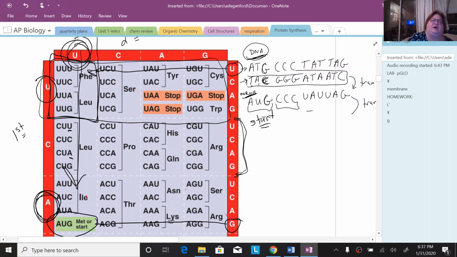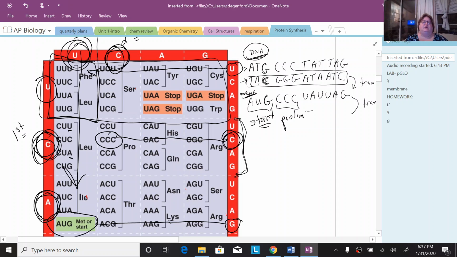All polypeptides have that first codon. I shouldn't say all. There are some weird exceptions, but that's pretty familiar. And then CCC: C first letter, C second letter, and then here's our third letter, C. We go over, and there it is. That stands for proline.